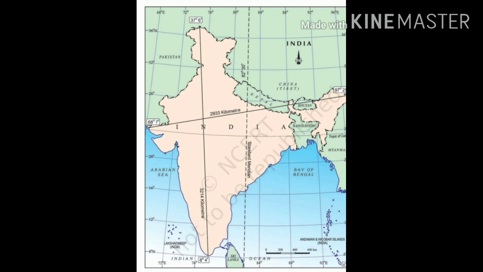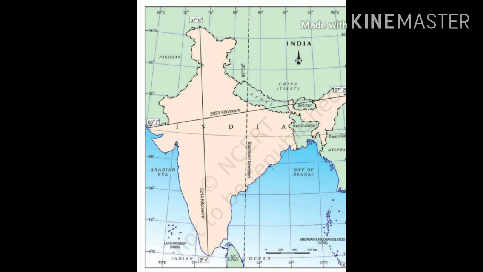How do we know? Because we know Earth rotates from west to east, and our Earth takes almost 24 hours to complete one rotation, that is 360 degree. If Earth takes 24 hours to complete 360 degree, then in 1 hour how much will Earth cover?